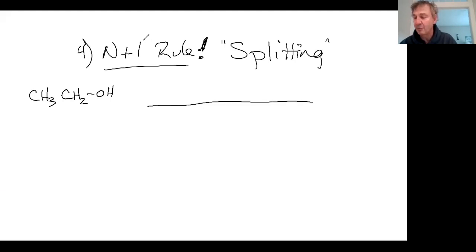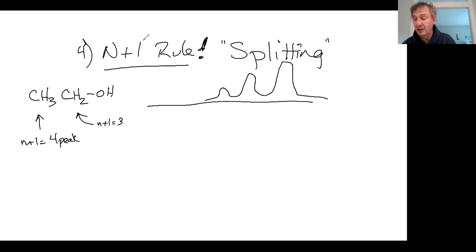We had this graph before: 1, 2, 3. Any carbon with protons on it splits the signal by 1 more than the number of protons. So this one has 3 protons on it, N+1 equals 4. This one has 2 protons on it, so N+1 equals 3. That is not a carbon, so it doesn't split, so it's just 1.